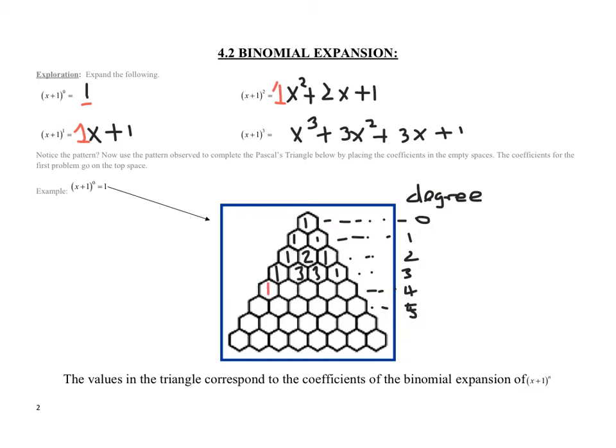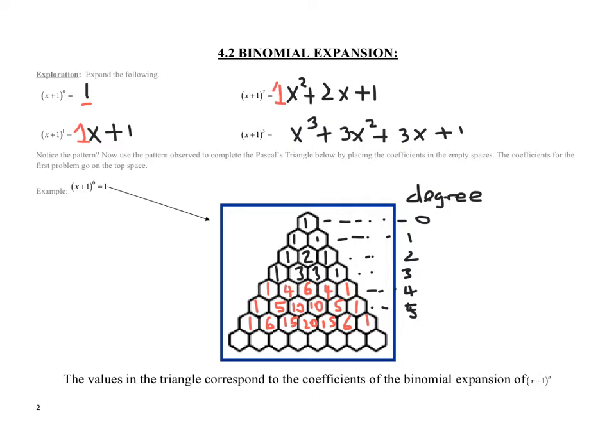So the outside is 1. 1 plus 3 is 4, and this is going to be 6, 4. This is 1, 1 plus 4 is 5, this is 10, this is 10, this is 5, and this is 1. This is 1, 6, 15, 20, 15, 6, 1. And you can keep going.